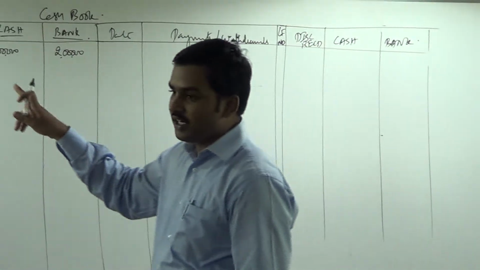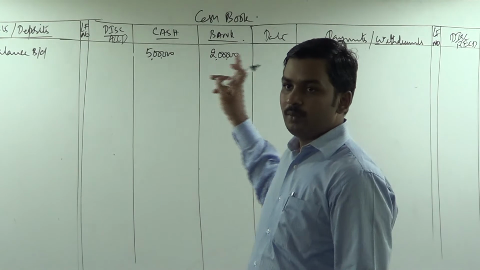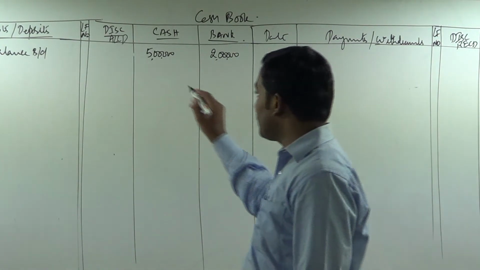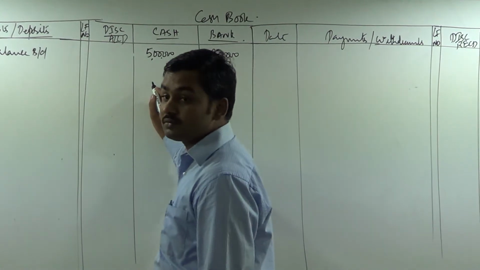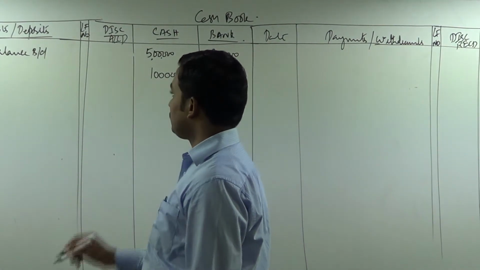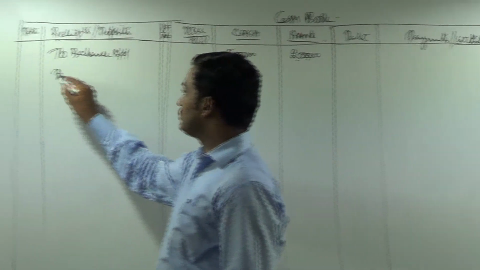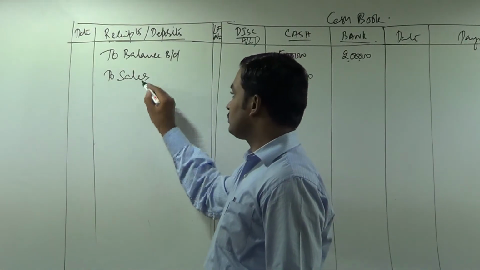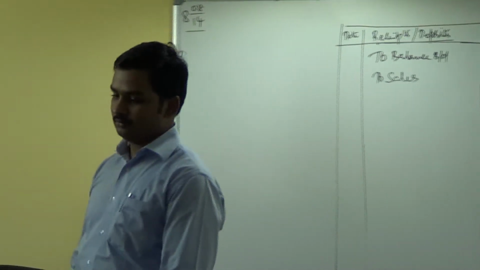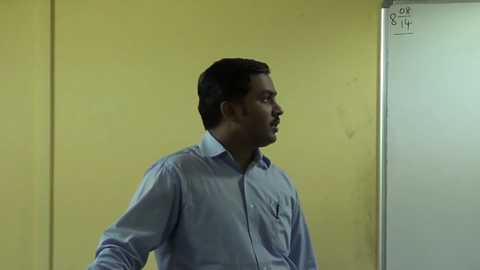You can see on the left side receipts and deposits, payments and withdrawals. So it's a cash receipt. So we should enter it in the cash column. How much? 1 lakh rupees. What do you write here? To sales.